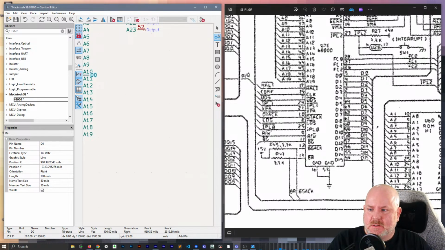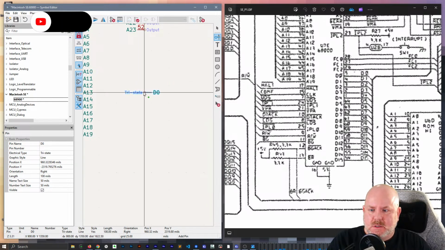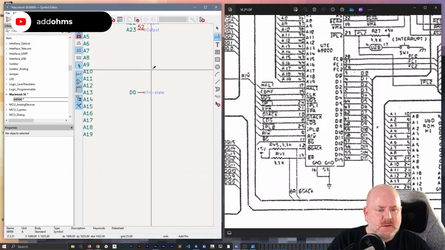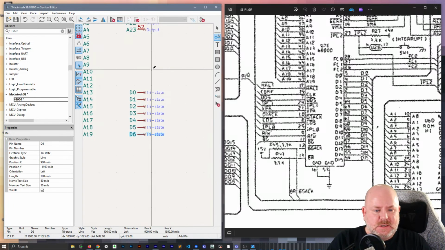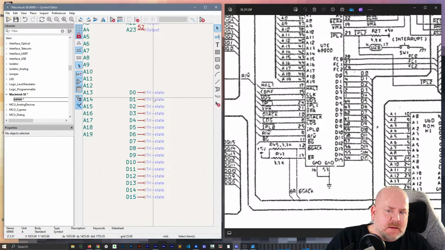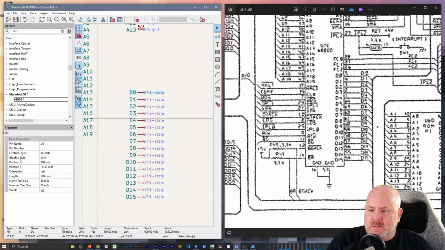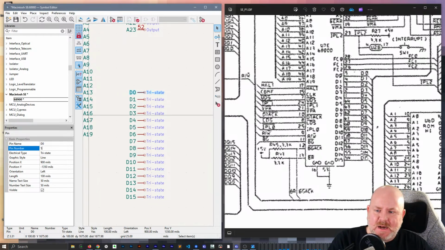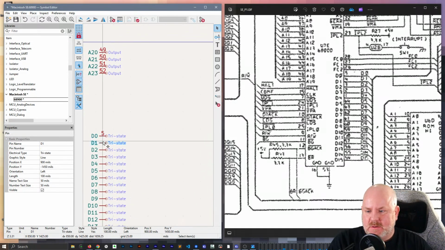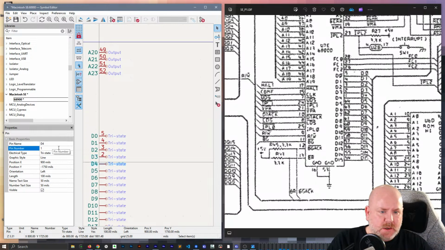Where's my other cursor? We'll rotate this. Okay, so now we'll do up to D15. And this is 5, then 4, then 3, then 2, and 1.